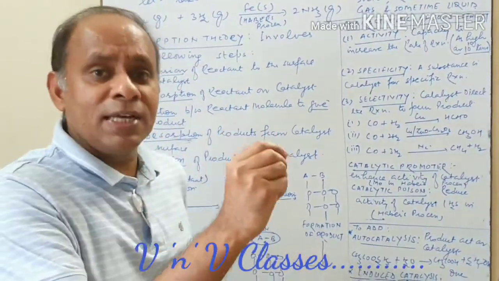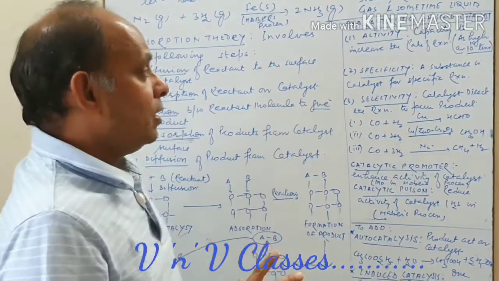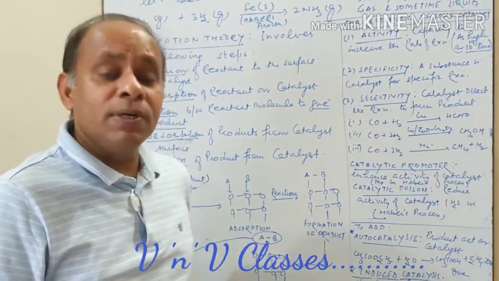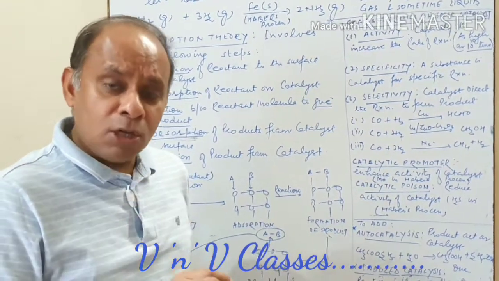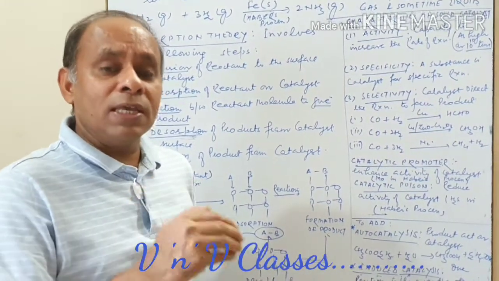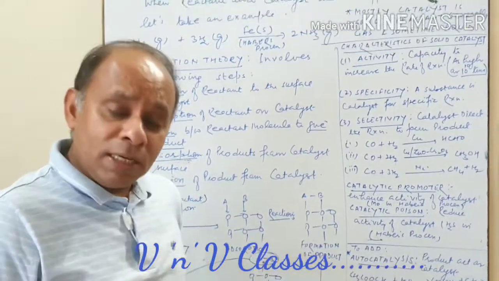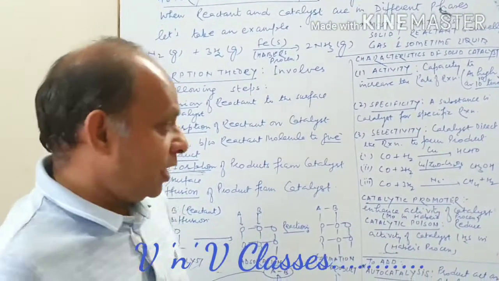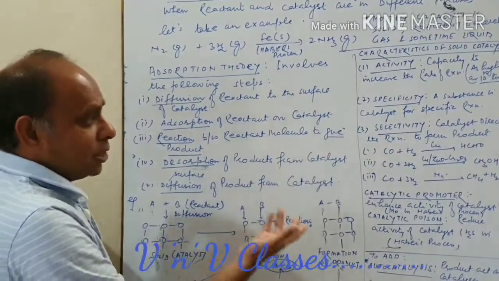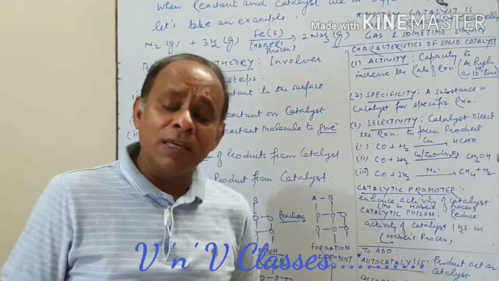To a very large extent, a catalyst can increase the rate of reaction. So remember, if anybody asks what is activity, it is the capacity of a catalyst to increase the rate of reaction. Second is specificity. Now it's very clear.